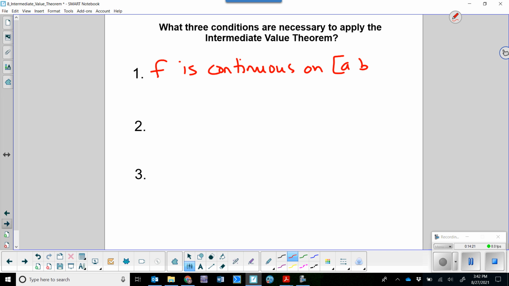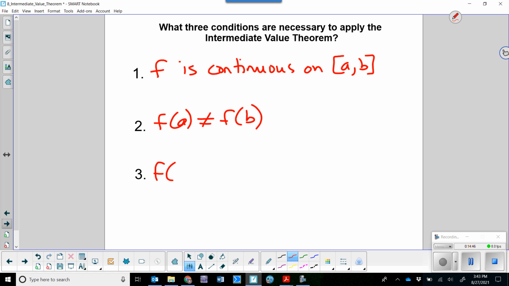So the function has to be continuous on the interval a to b, okay? Second thing is f of a doesn't equal f of b, okay? Because if the 2 endpoints are equal, then there's not going to be any values except for the value itself. So we need the endpoints to not be the same.